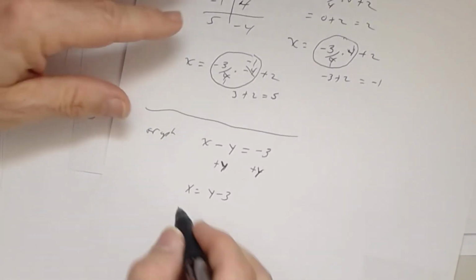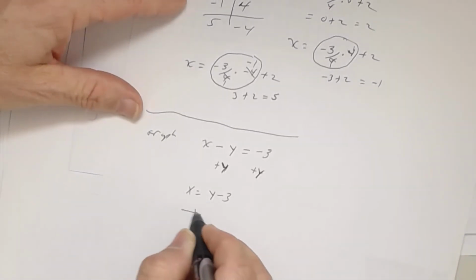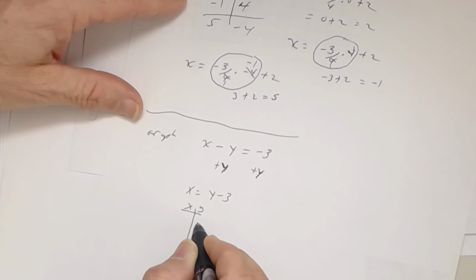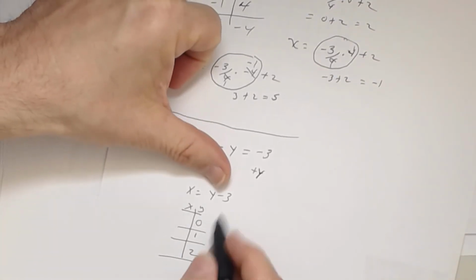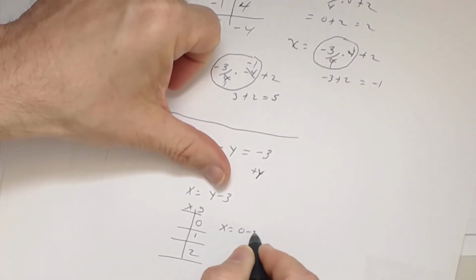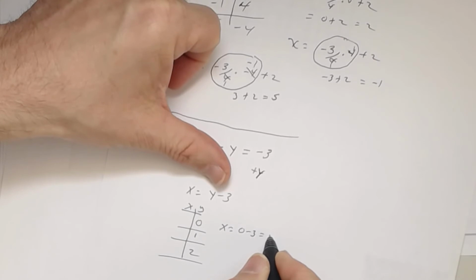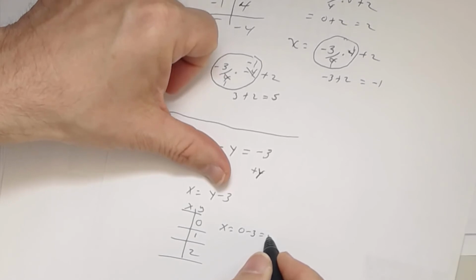And then you find your 3 points. Since x is by itself, you're going to plug in numbers for what? y. What are some easy numbers to use? 0. Give me another. 1. Give me another one. 2. So if y is 0, x will be 0 subtract 3, which is what? Oh my Lord, guys, come on now.